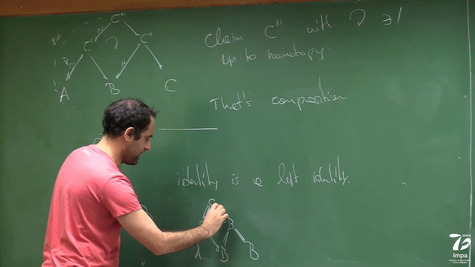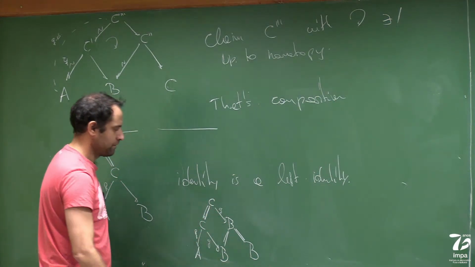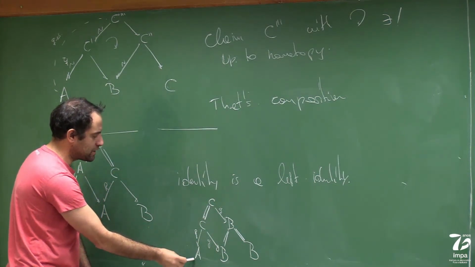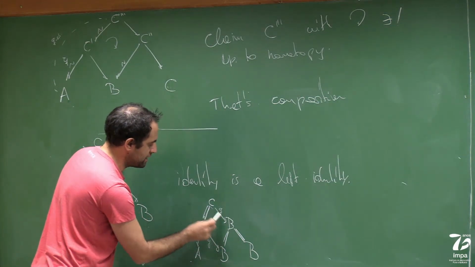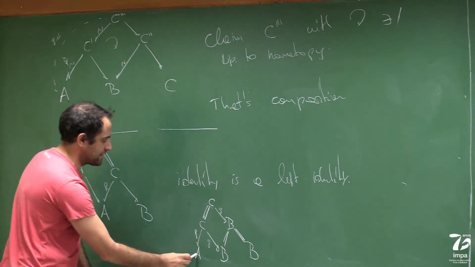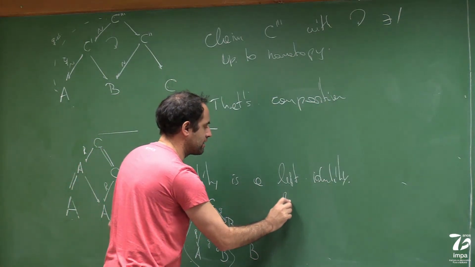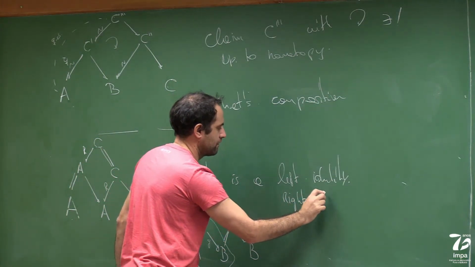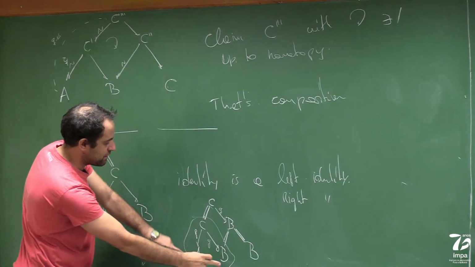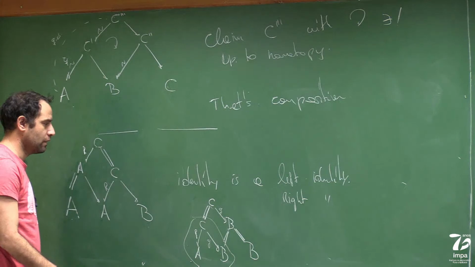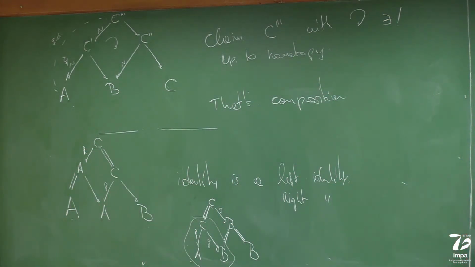Here you have this guy G. And now the map from C to A is F. And the map from C to B is G. And that's exactly the same as this diagram that you have there. So the identity is also a right identity. So the larger diagram is equal to this diagram here. Let's check that composition is associative.